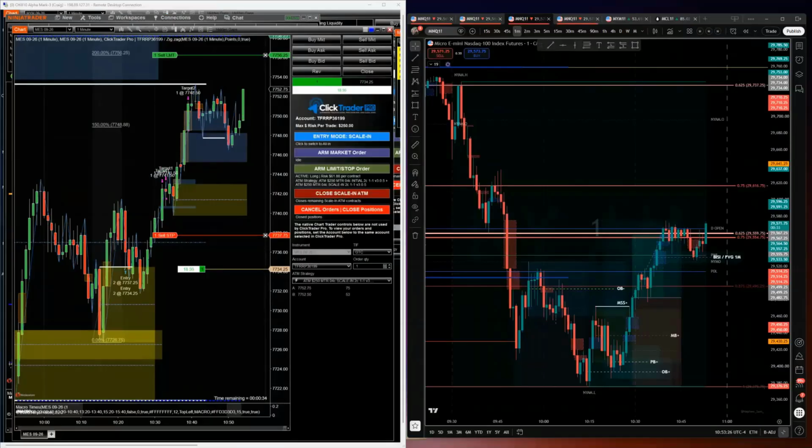Push, push, push, push, push, push. Where's our likely draw on the NASDAQ? This high here.